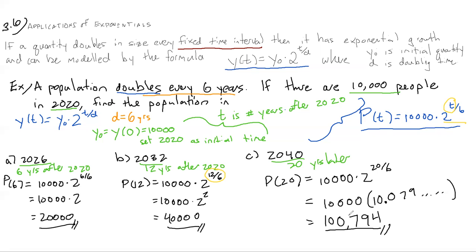As you might imagine, this model can't work forever. So for example, if I tried to calculate it at like 100 years, it's probably going to be pretty absurdly large. Yeah, after 100 years, I'm getting into the billions.